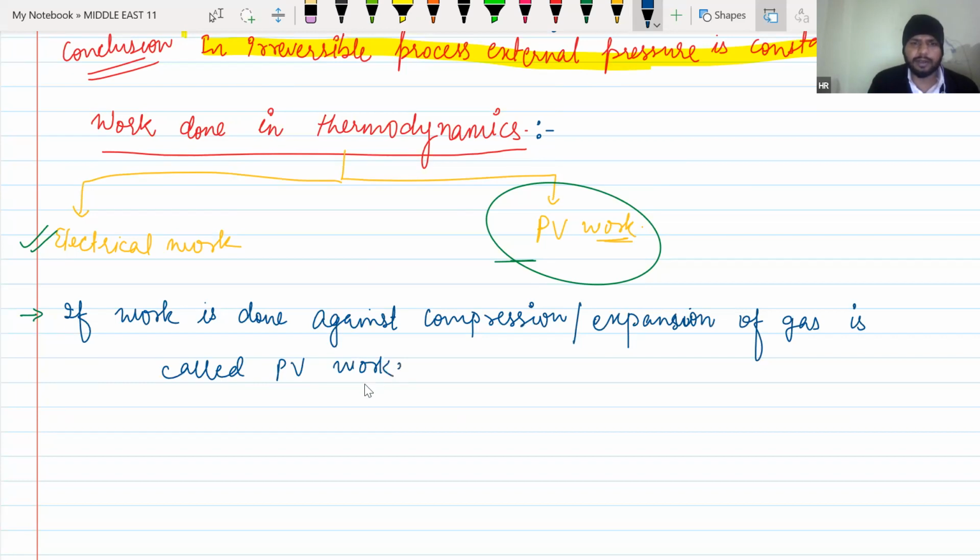Basically, you can see the container I had drawn previously. That is PV. It will be expansion or compression.